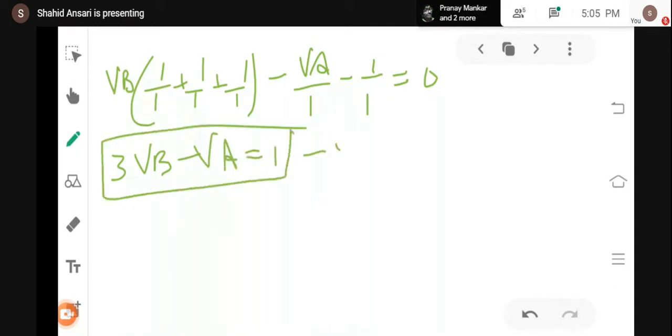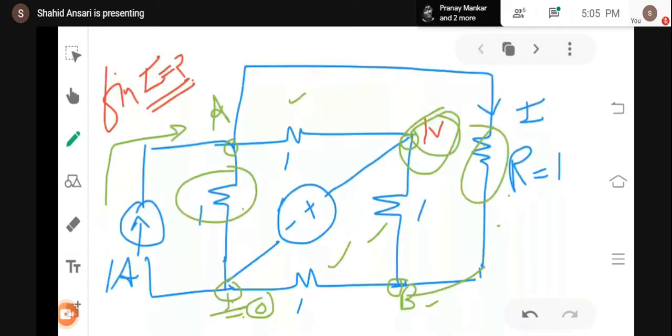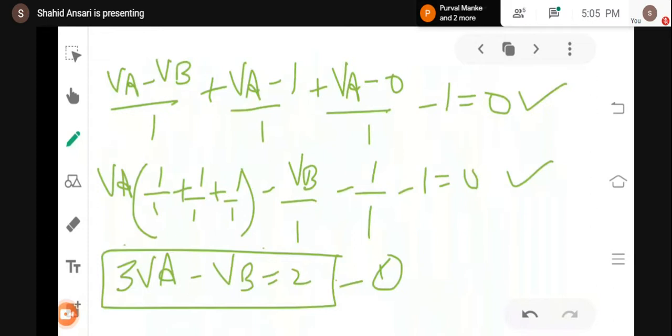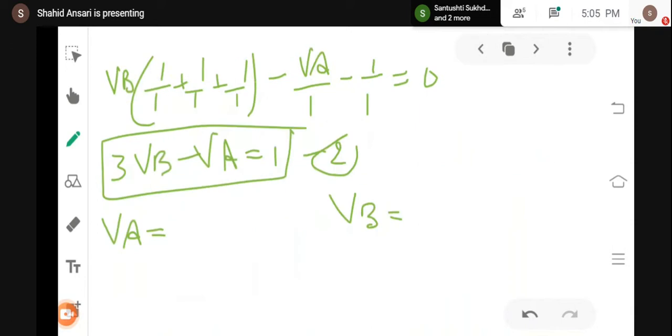If you have a calculator, use it. Now calculate the values of VA and VB. We have two equations. The first one is 3VA minus VB equals 2, and your second equation is 3VB minus VA equals 1.